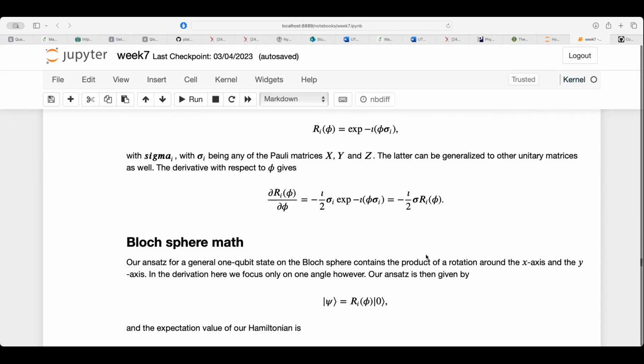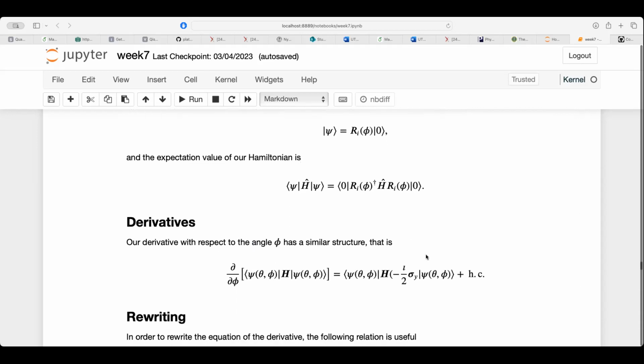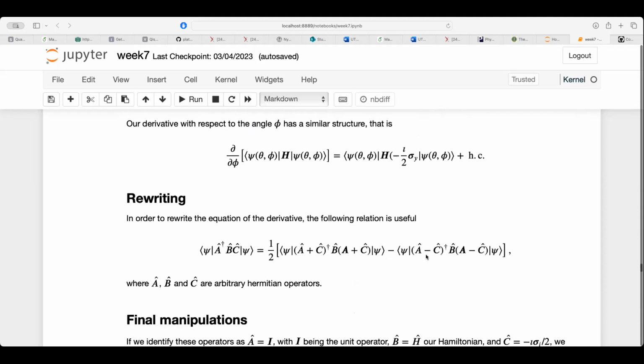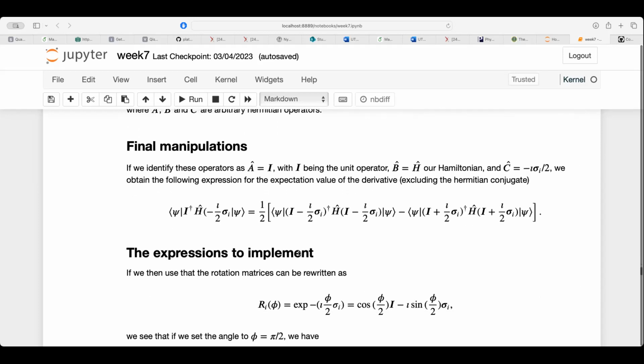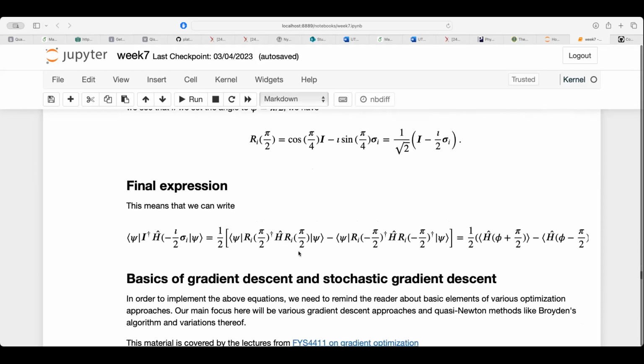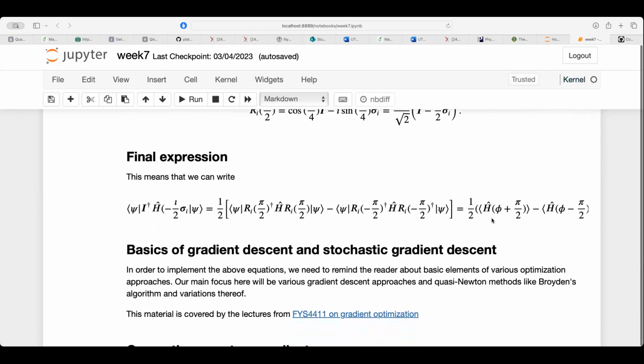And what you have here is simply some Bloch sphere mathematics, calculating the derivatives and rewriting the expressions. So when you do all these manipulations, you end up with the expression which you saw previously, this one here. So I just invite you to take a look at it.